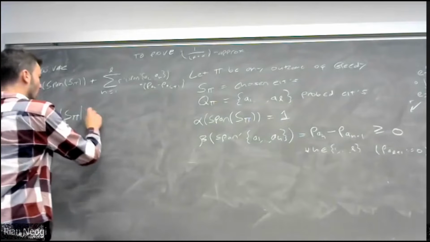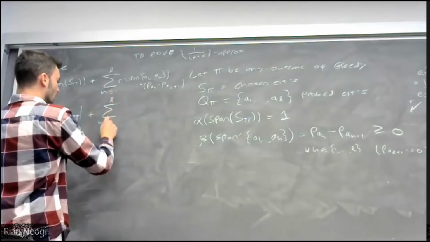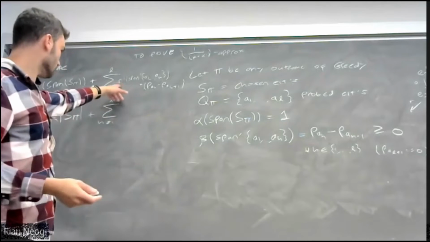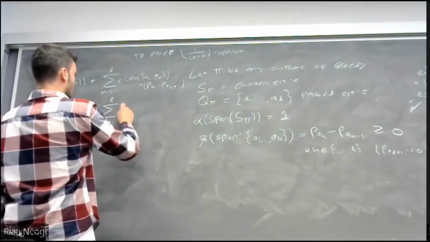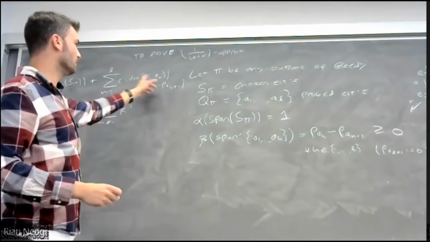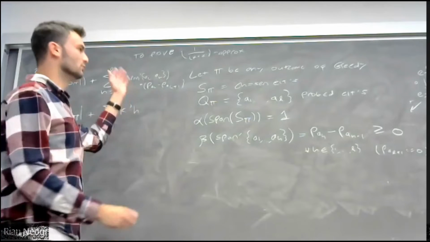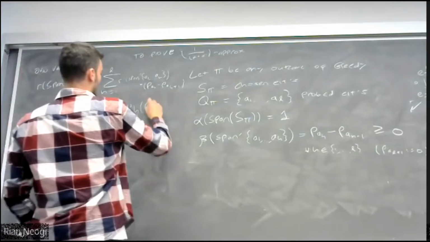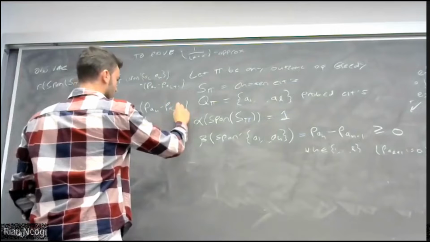Then we use the same inequality: the outer constraints form a K prime system, so the rank prime of the span prime of A1 through AH is at most K prime times the rank prime of this set. Again it's independent, so since it was probed elements, it's just H, and then we have PAH minus PAH plus 1.